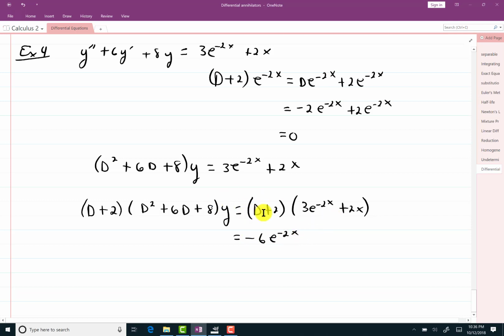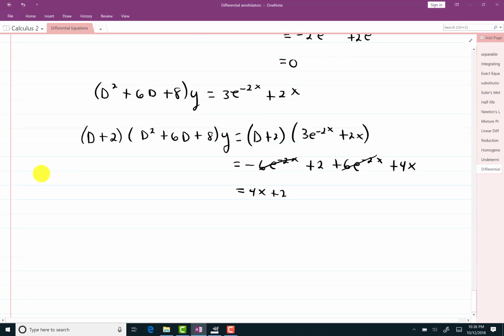And then I'll apply the D to the 2x. I'll get plus 2. And then I'll multiply 2 times the 3e to the negative 2x. We know that's going to go away. Got it? And then finally plus 4x. And so then we cancel out the e to the negative 2x terms. That actually was supposed to have been a 6. So that cancels. And we're left with 4x plus 2. So then, if I want to wipe this thing out completely, I'll do a D squared to both sides now.